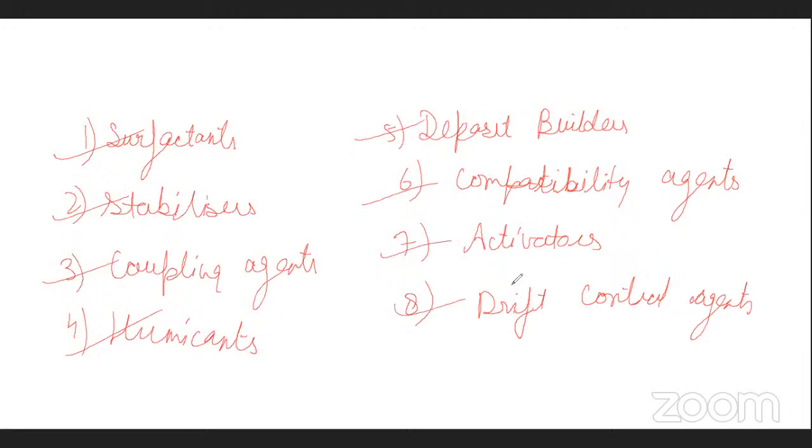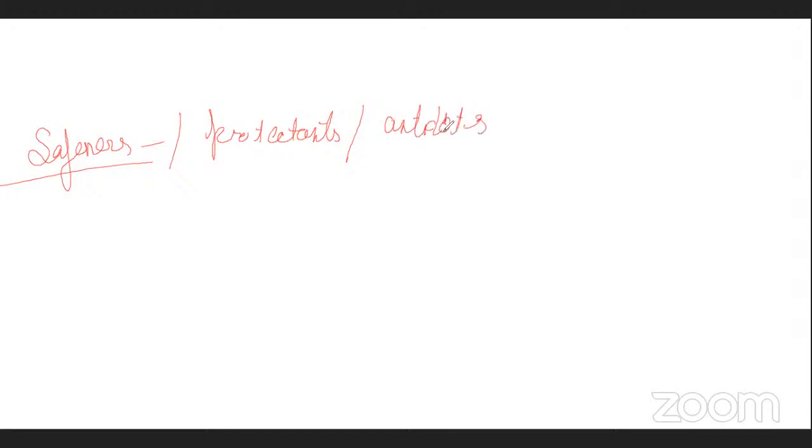Okay. Now one more term which from the exam point of view is important, but nothing more than that: safeners. Herbicide safeners, or herbicide protectants, or herbicide antidotes. These are substances usually used along with the herbicide to protect the crop plants from possible damage by the herbicide.